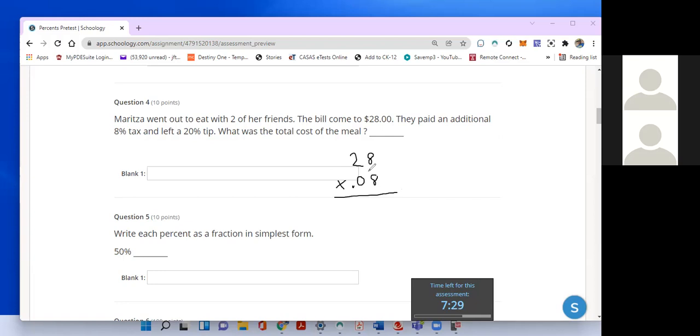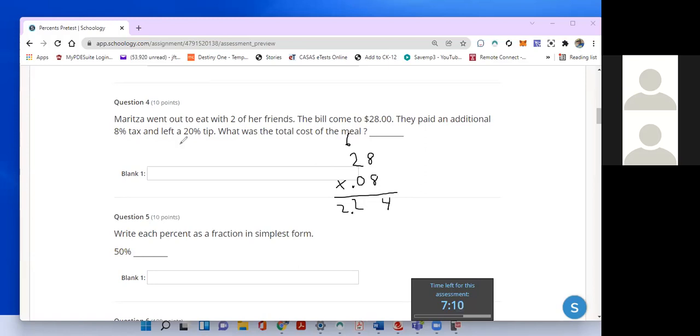Now, by hand, 8 times 8 is 64, carry the 6. 8 times 2 is 16, plus 6 is 22. Then we move our decimal two places, so our tax is $2.24. Everybody understand that? Yes.